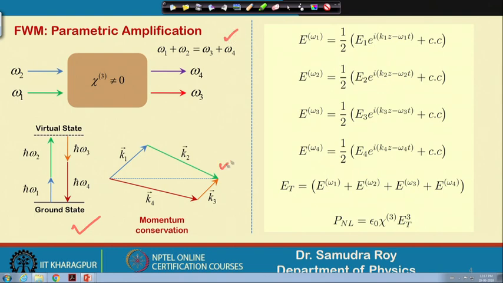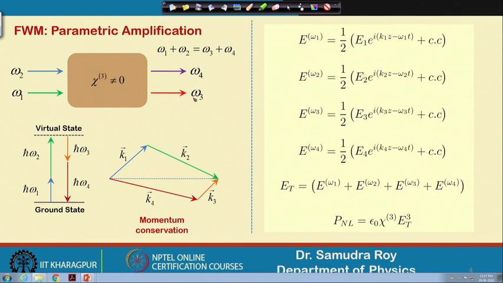Similarly, the momentum conservation equation suggests k1 plus k2 has to be equal to k4 plus k3. So, this is the figure of momentum conservation. Now, I want to find out in parametric amplification how omega 4 and omega 3 are going to evolve.